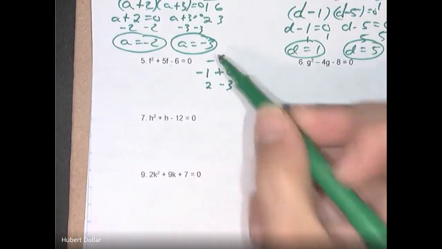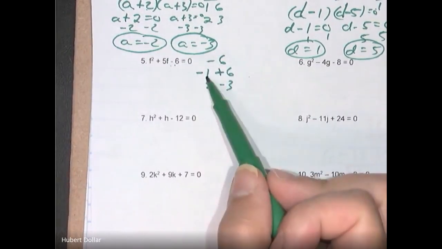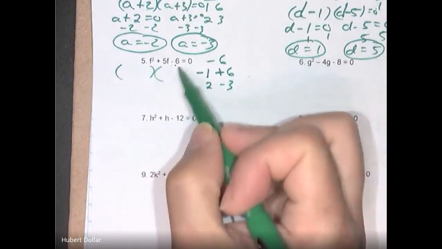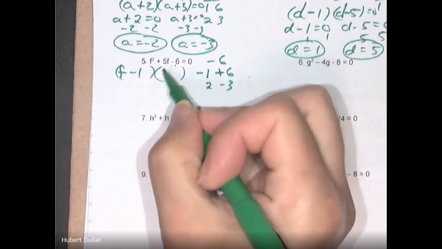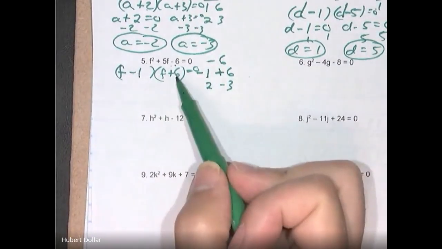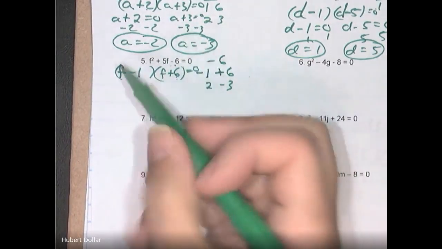Negative 1 times 6 is negative 6, and negative 1 plus 6 is 5. That's f minus 1 and f plus 6 equals 0.